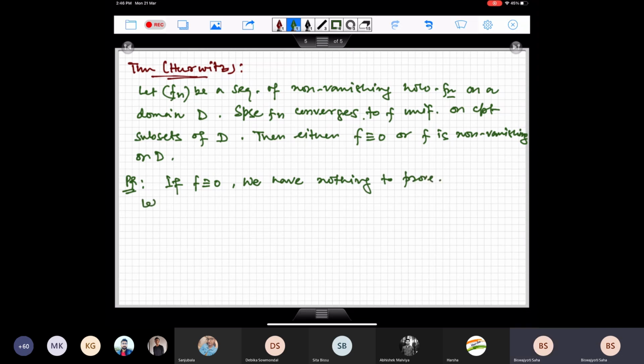So let F be not identically 0. Then what do I have to show? I have to show that F does not vanish anywhere on D. If it is non-zero, that means it will never vanish at any point.